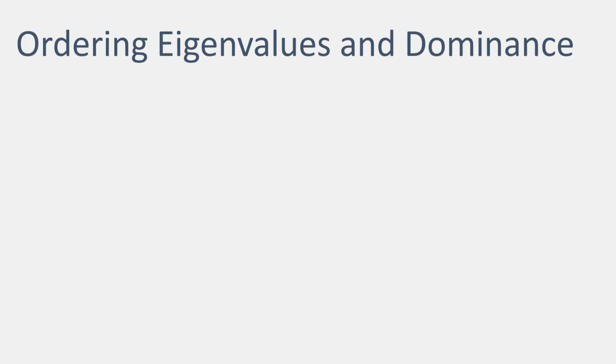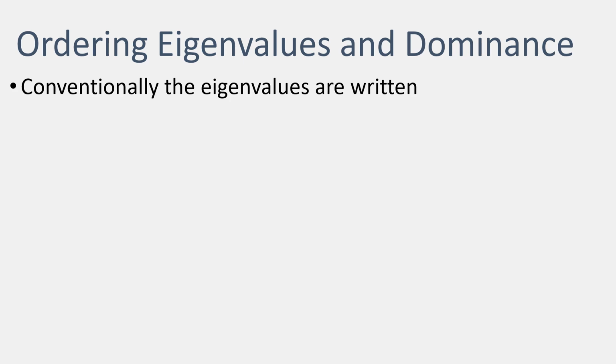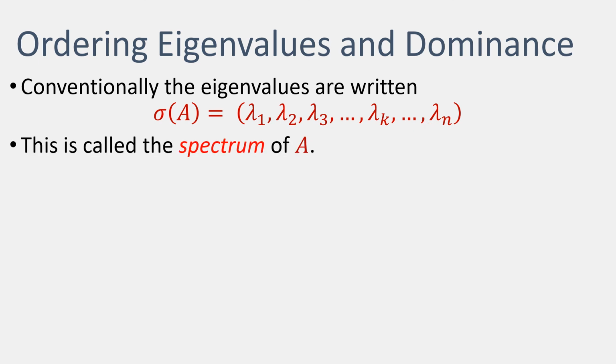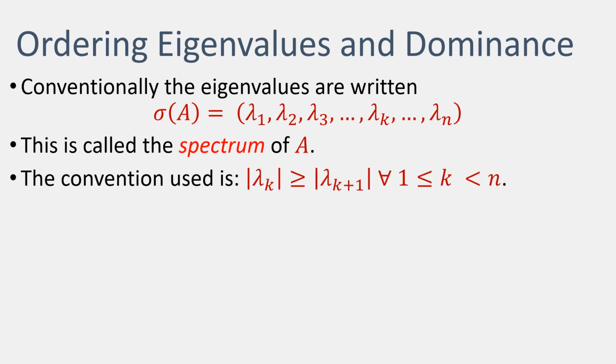So how do we order eigenvalues? First of all, we have this convention for writing the collection of eigenvalues. We use this notation and we write the eigenvalues between round brackets because these are not a set, and we write them in this order. That order, this form, is called the spectrum of a matrix.